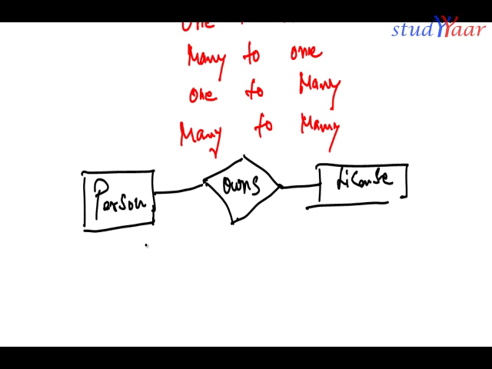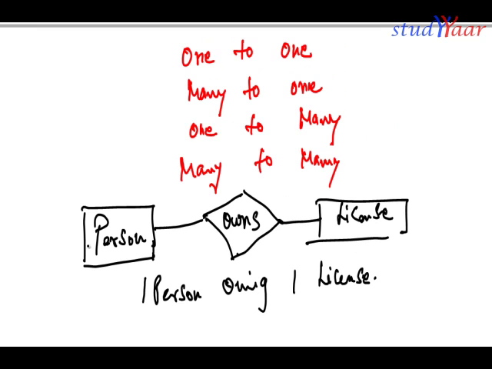So we only have one person owning one license. These are also referred to as 1:1, many-to-one, n:1, 1-to-many, 1:n, and many-to-many, m:n. So this is a 1:1 kind of relationship.